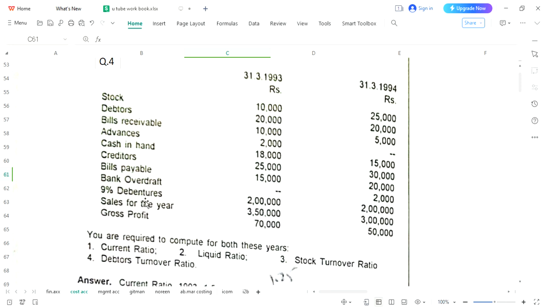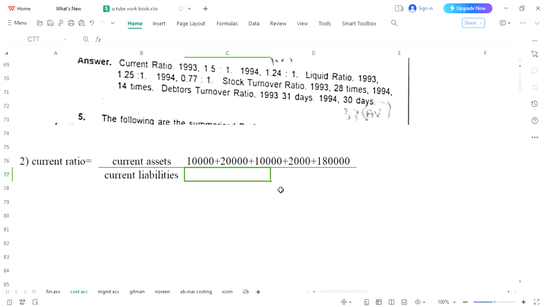So debentures are not current liabilities. Only three: creditors, bill payable, and bank overdraft. These are three liabilities. 25, 15, and overdraft is 0. So only 25 and 15. In this way, we have completed our current liabilities as well.